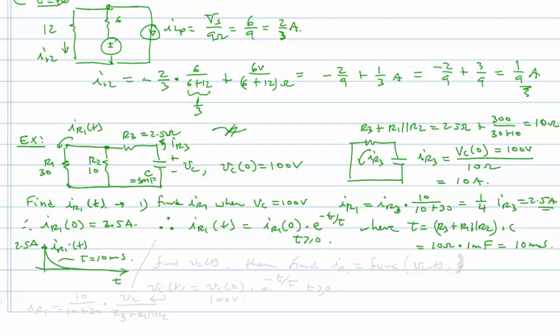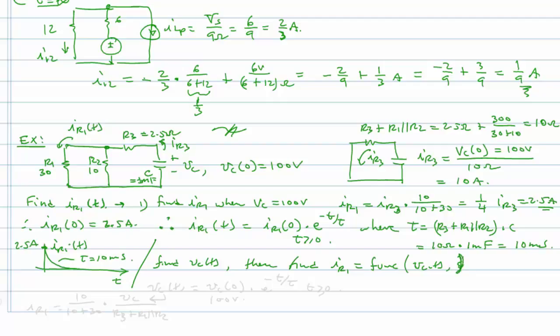Now the other way to solve this, which is more work, would have been to find Vc of t, then find IR1 as some function of Vc of t.